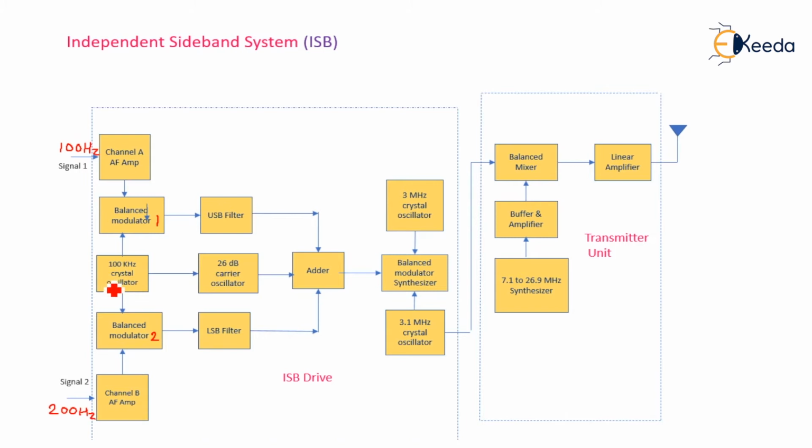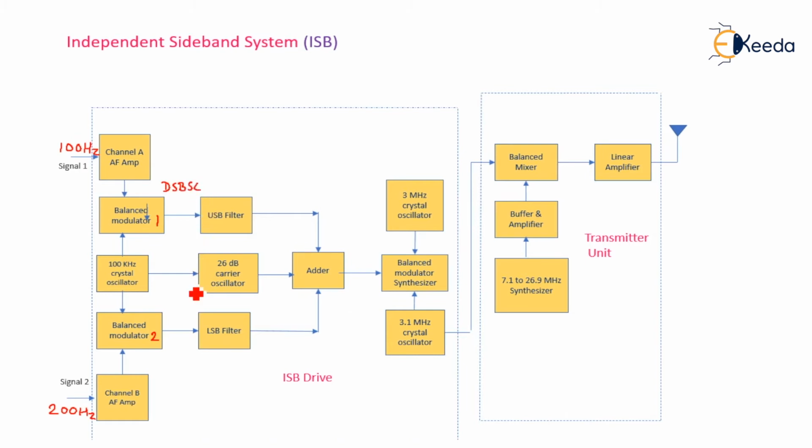The balance modulators are powered by a 100 kHz crystal oscillator. The frequency of 100 kHz is coupled to the balance modulators, so both balance modulators have the 100 kHz carrier frequency. Now at the output of the balance modulator, we know that we get DSB SC output.